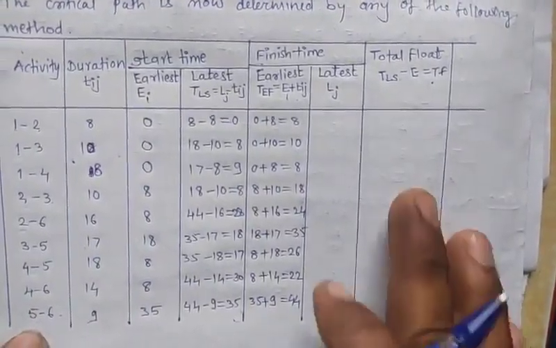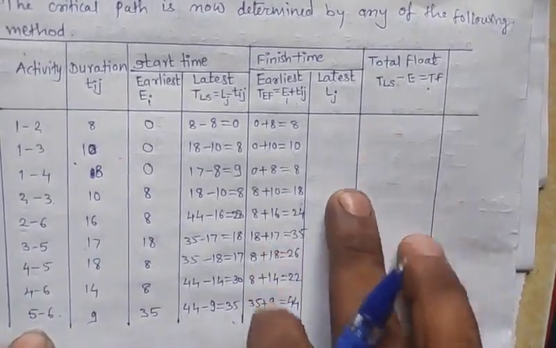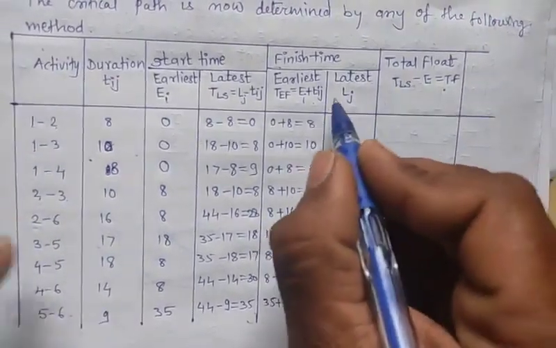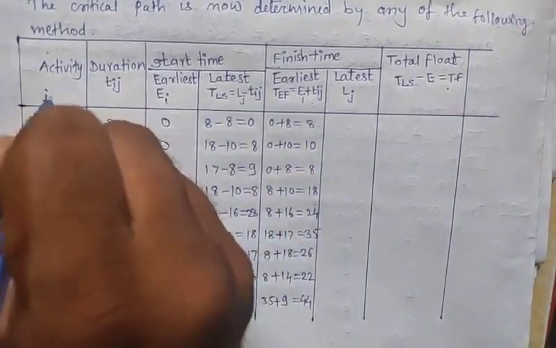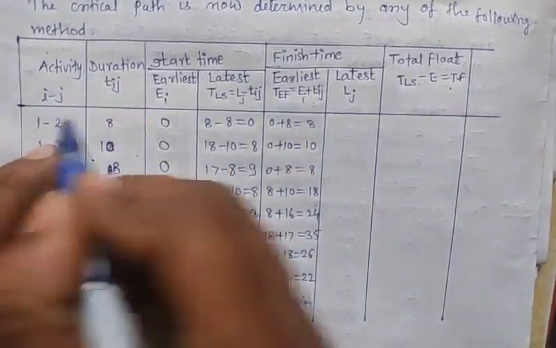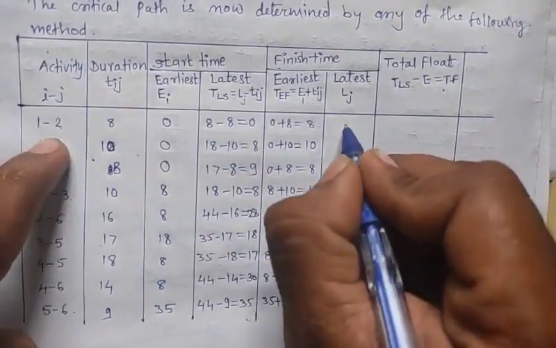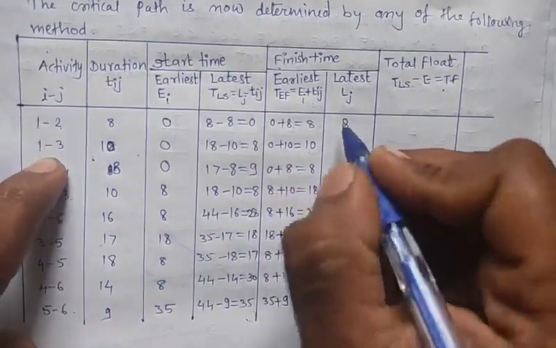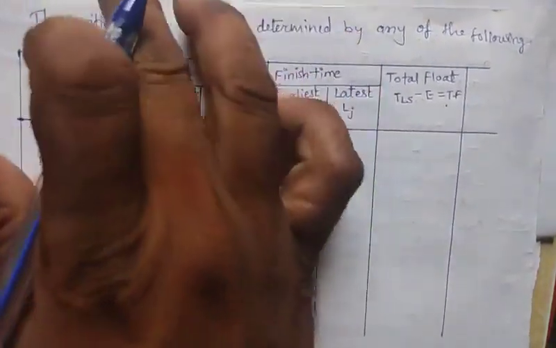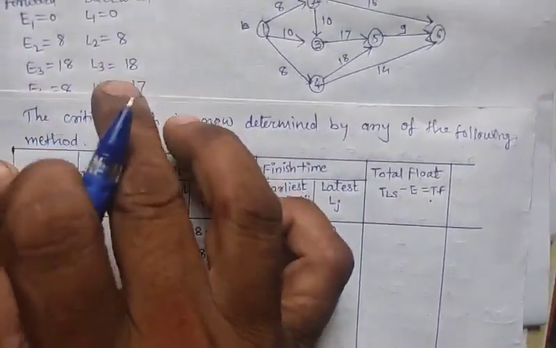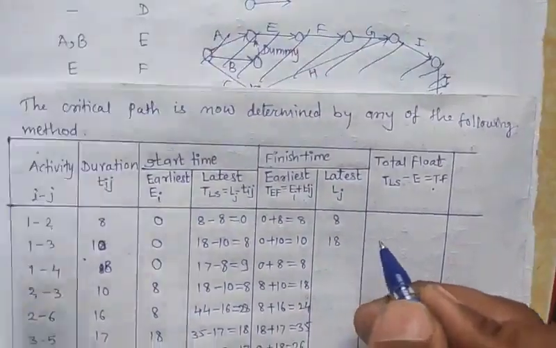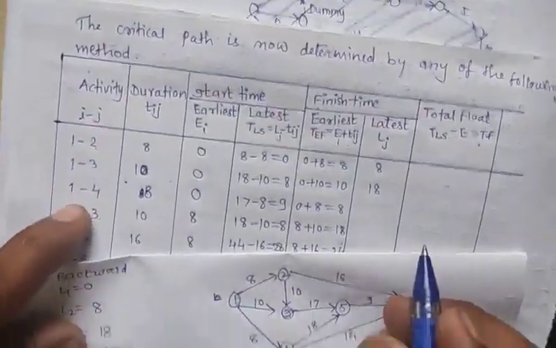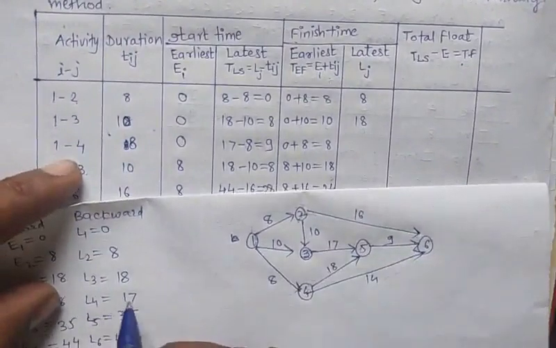Okay. Now to calculate latest finish. So for latest finish we calculate LJ. So this is the I and J event, right? So LJ. So L2, value of L2 is 8. Value of L3 is 18. Next here is L4, right? So value of L4 is 17.